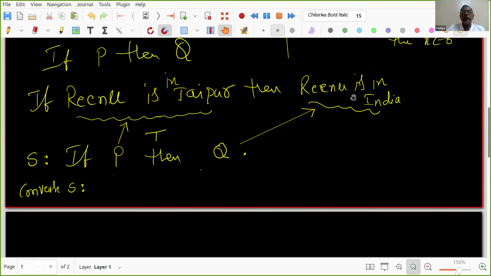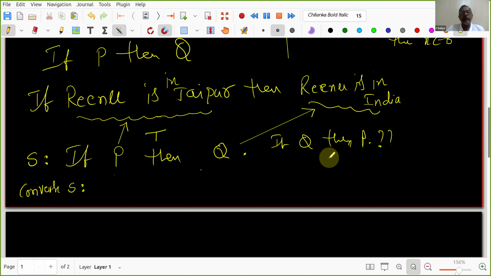What about the other way? If Q, then P. Is it true? If Q is true, Renu is in India, then Renu is in Jaipur. Is it true? How many of you say yes or no?